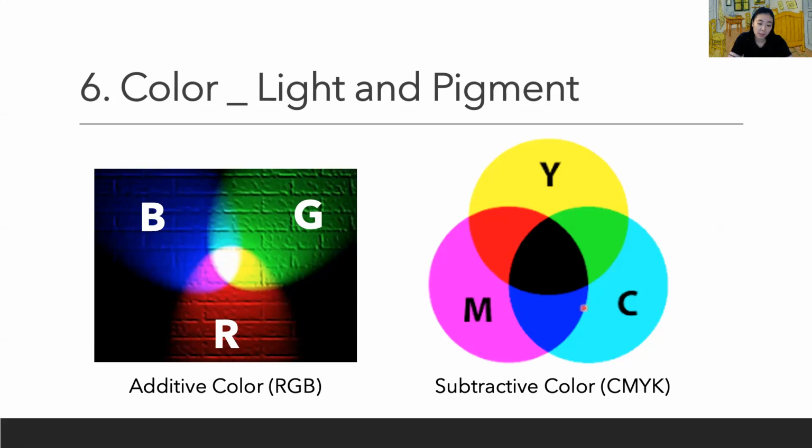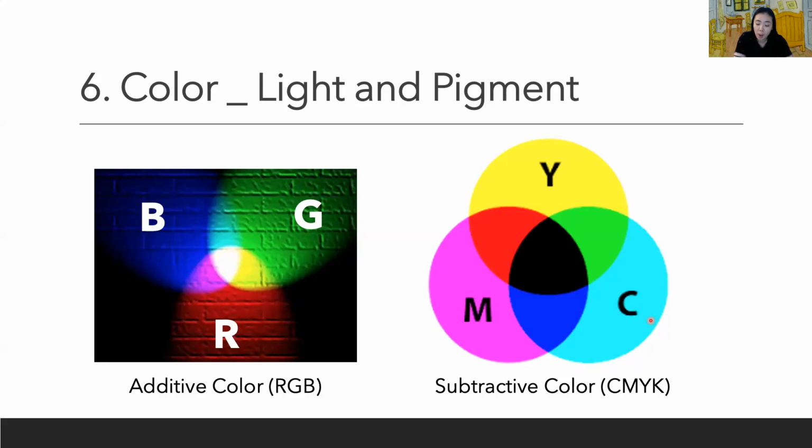And subtractive color is also called CMYK color. C means cyan, so this color's name is cyan. M means magenta, so this pink color is magenta. Y is yellow, and K means black. It is the kind of mixing you get if you illuminate colored filters with white light from behind, as illustrated at left.